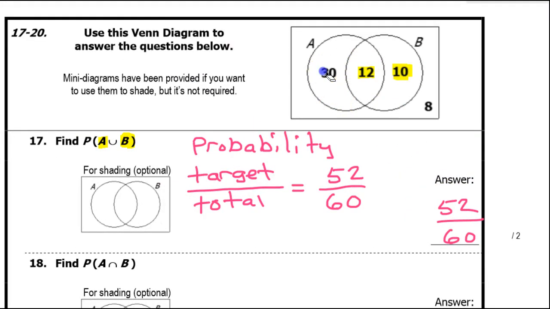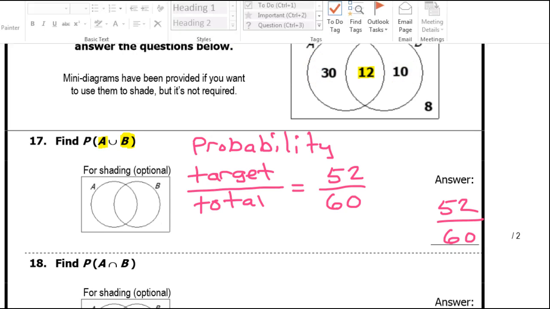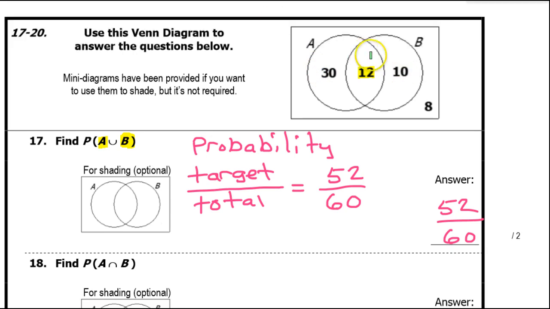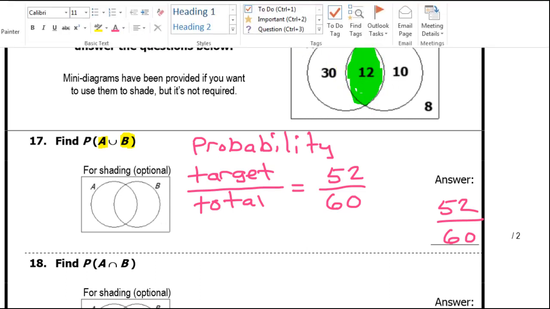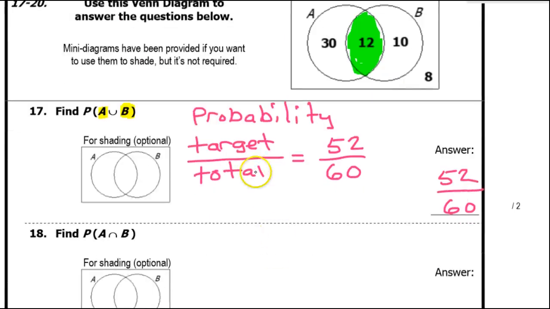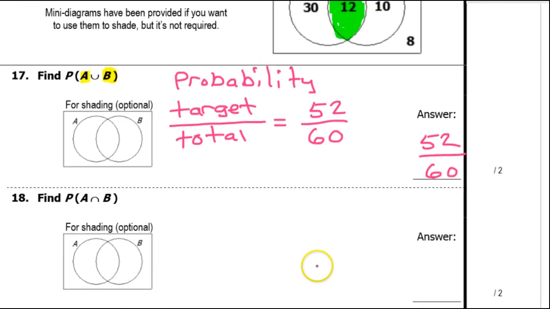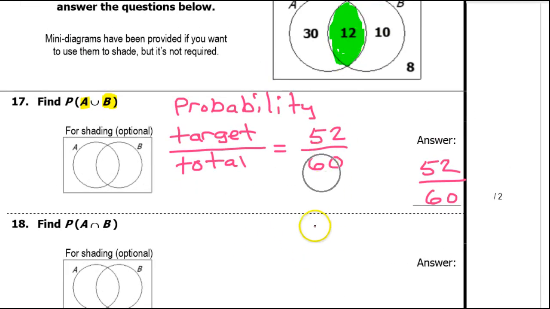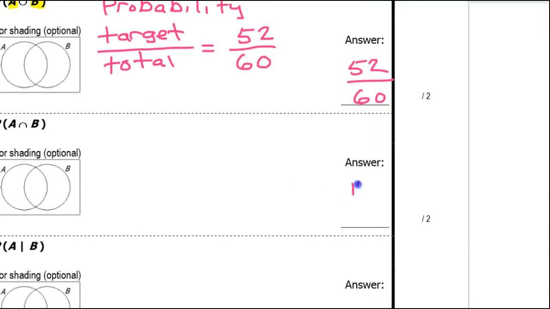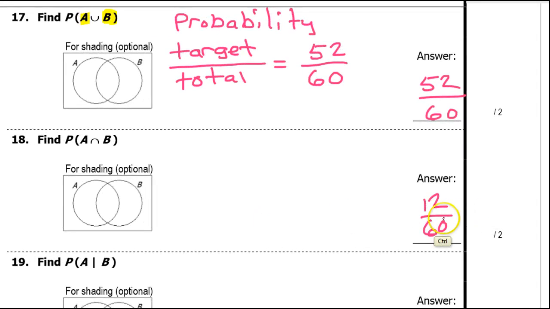Just automatically, you know that the overlap between A and B is right here. Alright, so that's the target, and the target is 12. The total, of course, is still 60. So target over total is 12 over 60. And yes, you could reduce this, but 12 over 60 is an acceptable answer.